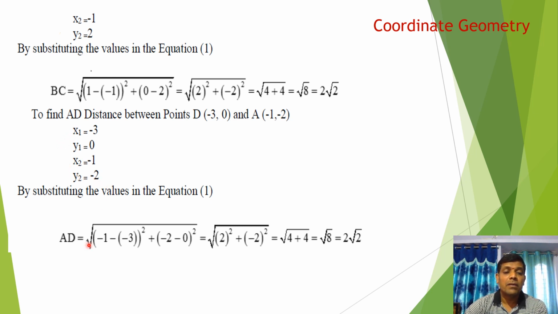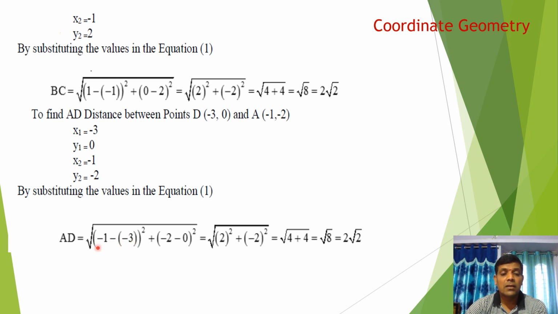Now AD, the distance between A and D, equals square root of (x2 minus x1) whole square, that is (-1 minus of minus 3) whole square, plus (-2 minus 0) whole square. Now next step: root over (-1 plus 3).